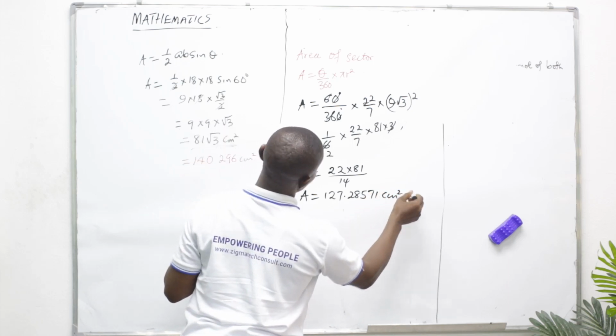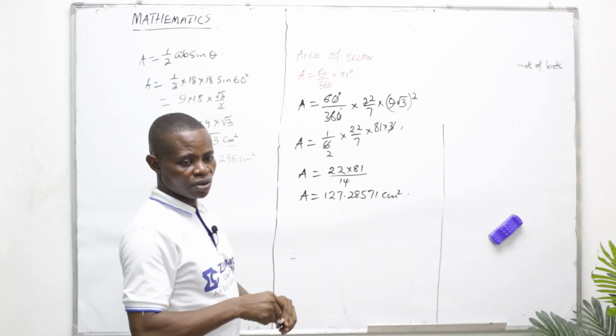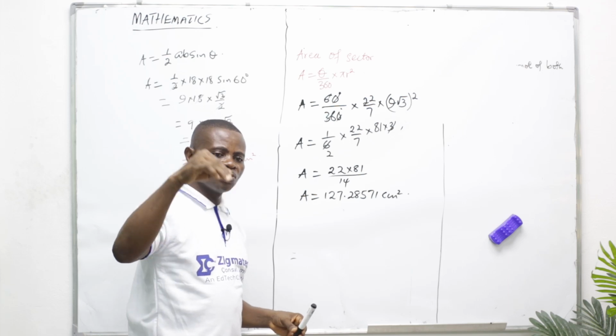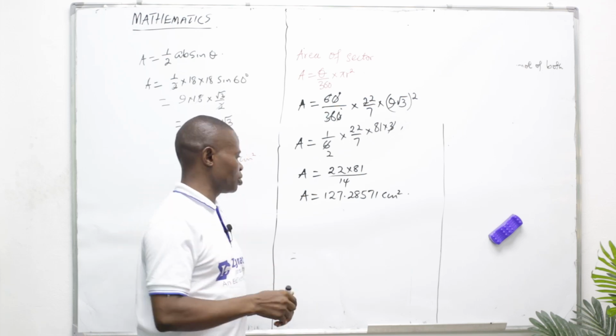cm square. But look at the instruction. Calculate correct to 2 decimal places the area of the shaded portion.